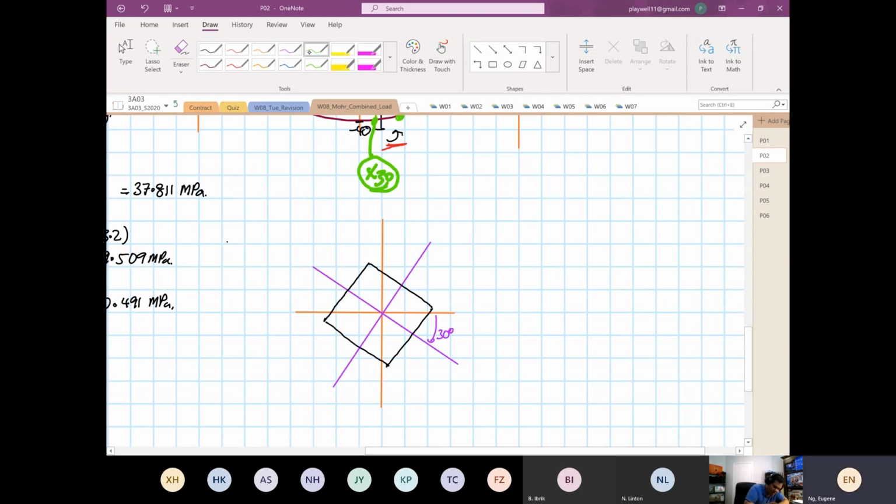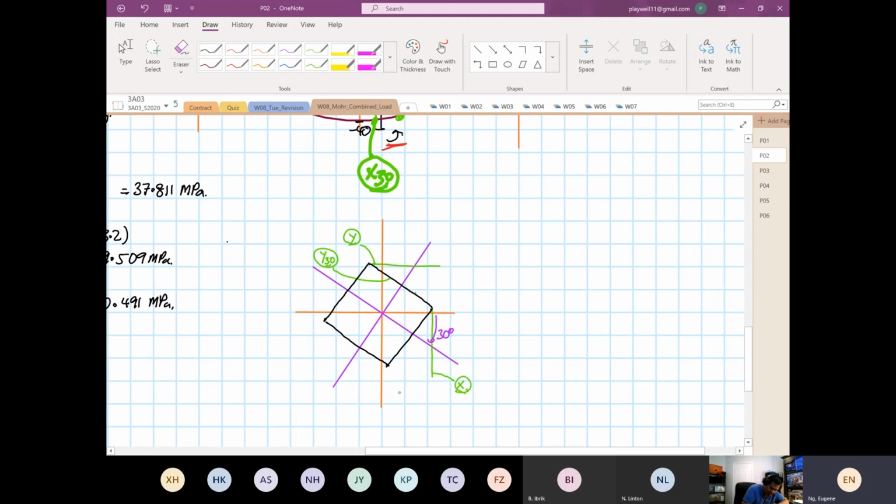So when we sketch our element, we know this line, right? This horizontal line, this used to be our Y, right? And now this plane over here, this is our Y30, right? And the vertical plane over here, this used to be our X, right?